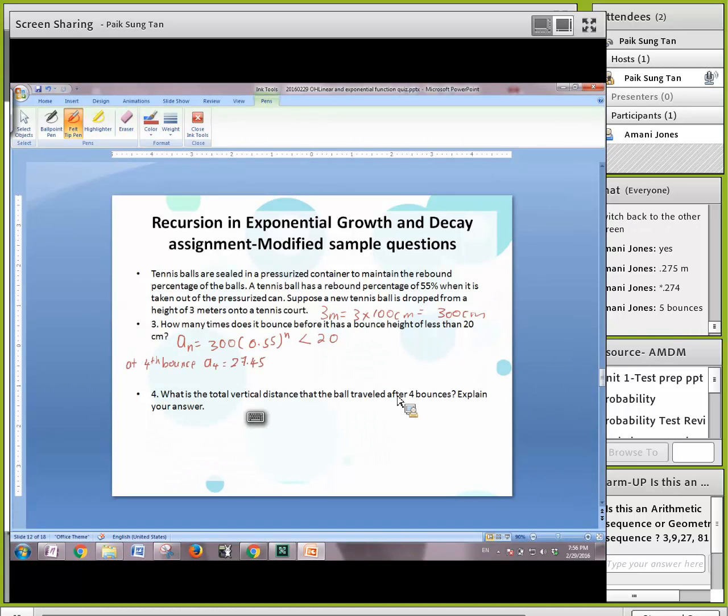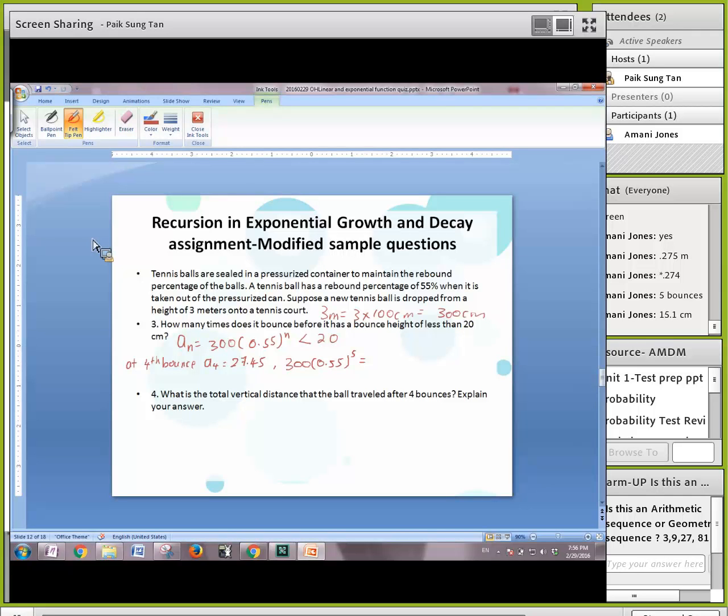I know the more it bounces, the lower it gets, so I'm going to plug in 5 and see whether it will be less than 20. What do you get for the fifth bounce? It's less than 20. So at the fifth bounce, it will be less than 20.